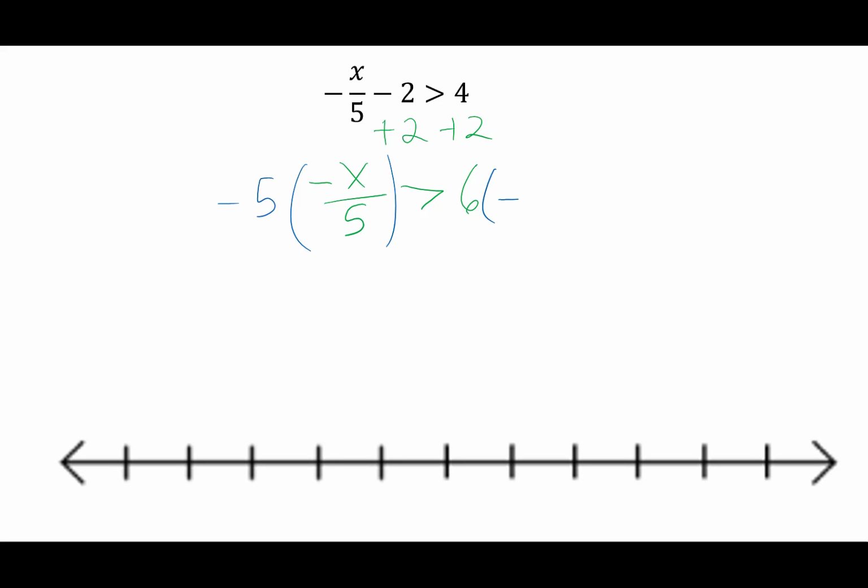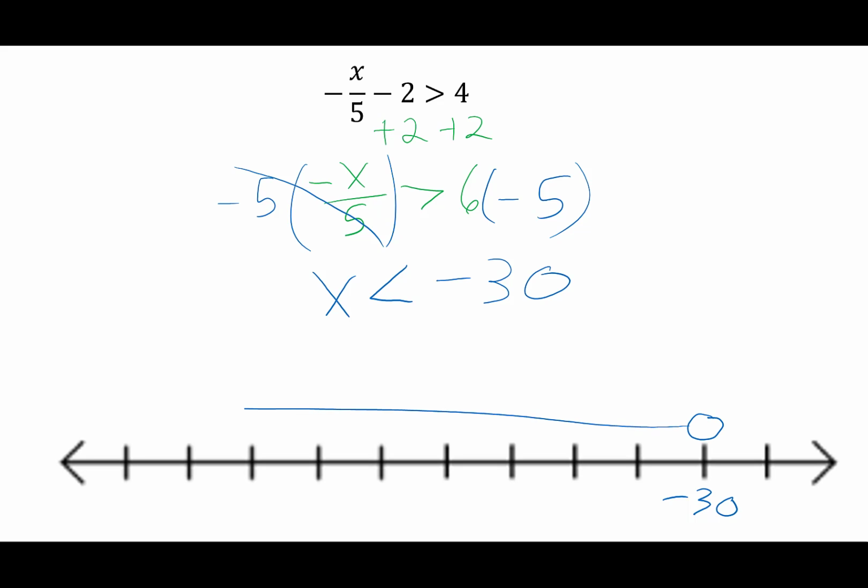I want to cancel them out. And I get x. I multiplied by a negative, so I have to flip. It's negative 30. So x is less than negative 30. So put negative 30 on my number line. This time it's going to be an open circle because it's less than. And I'm shading to the left because it's less than.